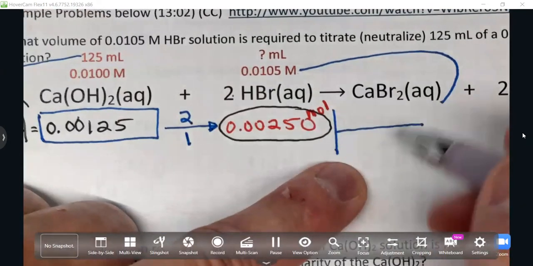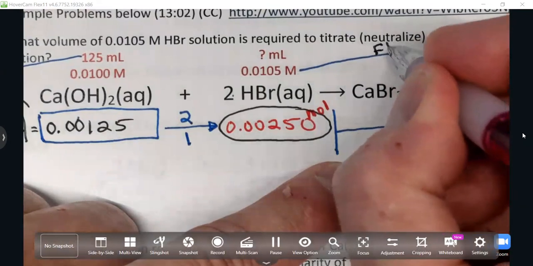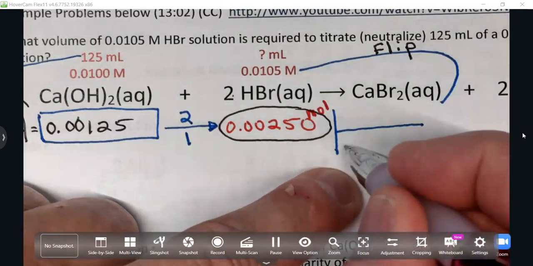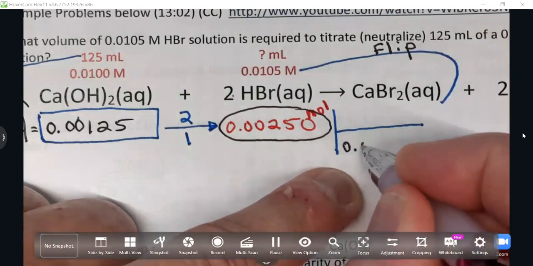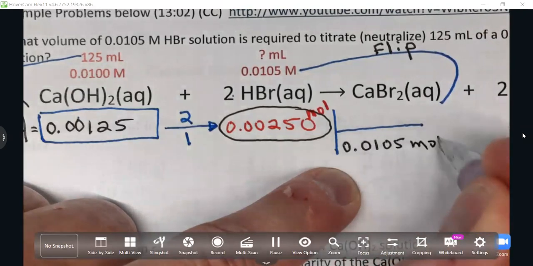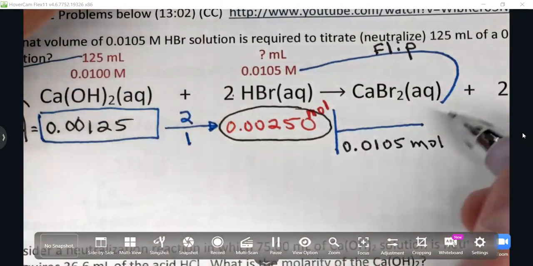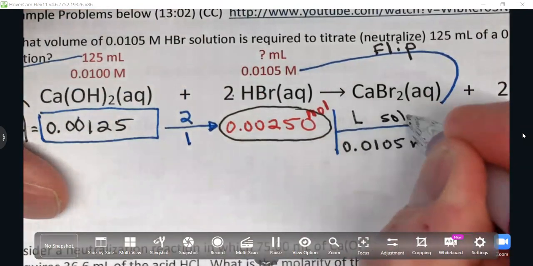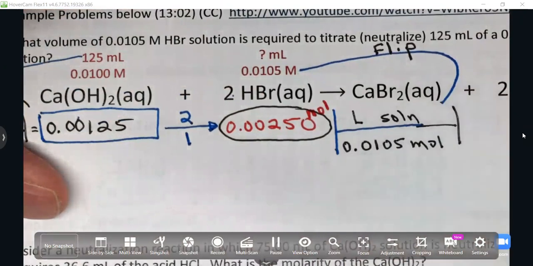I need my moles down below. So I need to flip these units. So I'm going to put 0.0105 mole down below, and I'm going to put my liter of solution on top.